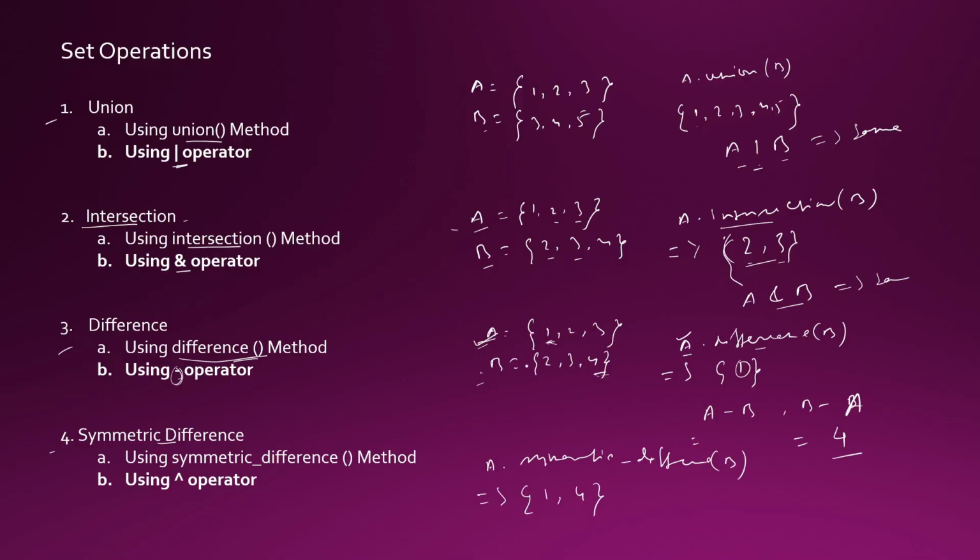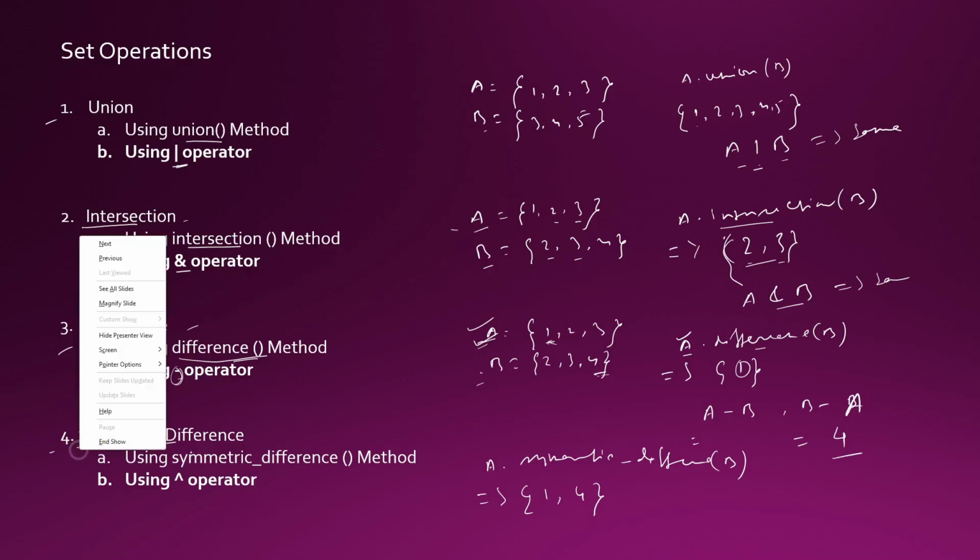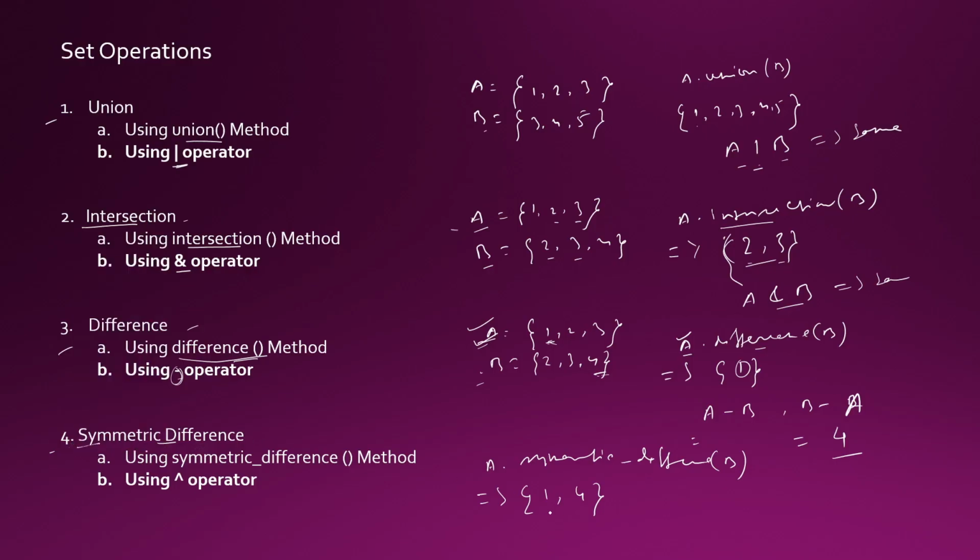So using difference we get the differing elements from the first set only, and using symmetric difference we get the differing elements from both sets. At the same time, we can perform symmetric difference using the caret operator.